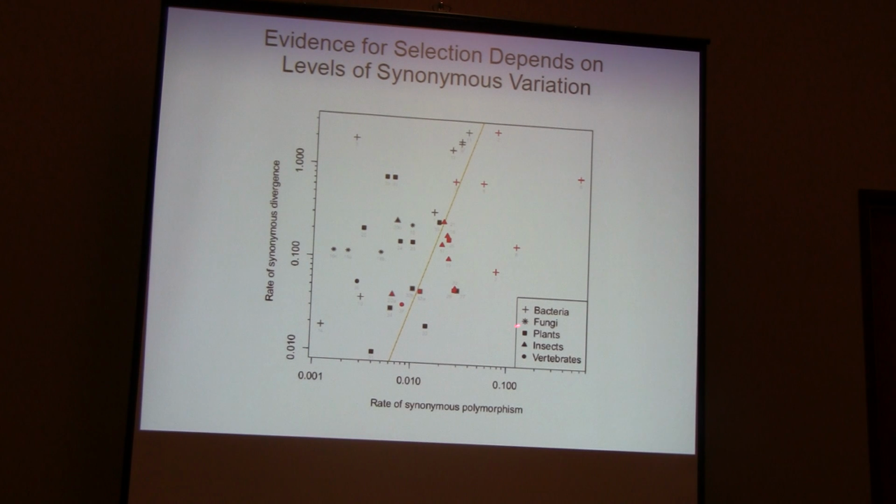There's a pretty strong tendency for species with evidence of selection to have high rates of polymorphism, and perhaps a slighter tendency for them to also have lower rates of synonymous divergence. And in this context, yeast is no longer an outlier. The symbols for yeast are these stars, and they no longer appear to be an outlier.